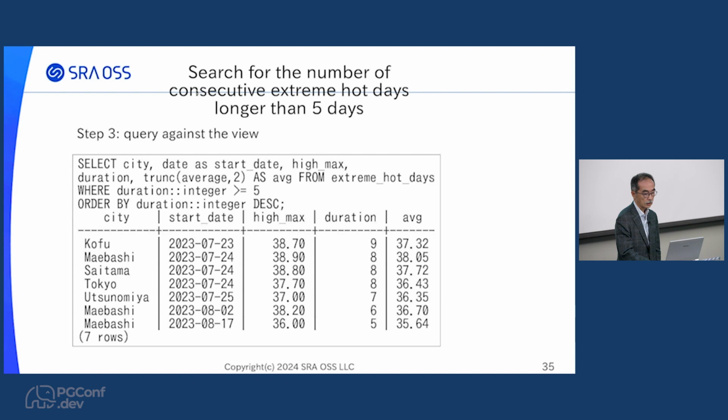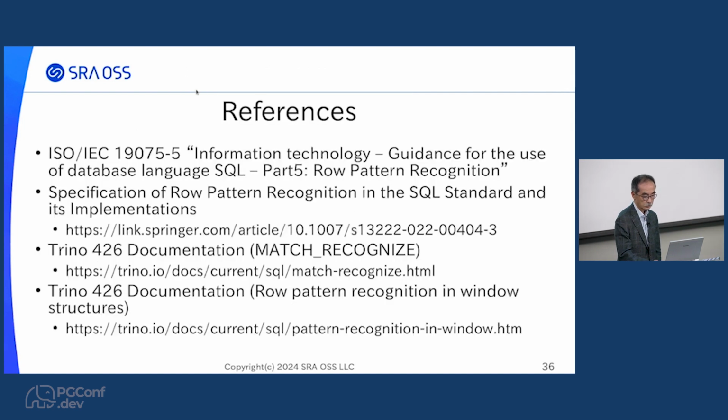Yeah, this is the last result of the demonstration. Okay, here are references for the RPR. The first one is the official definition of RPR in the SQL standard. The other is documentation you can refer to.